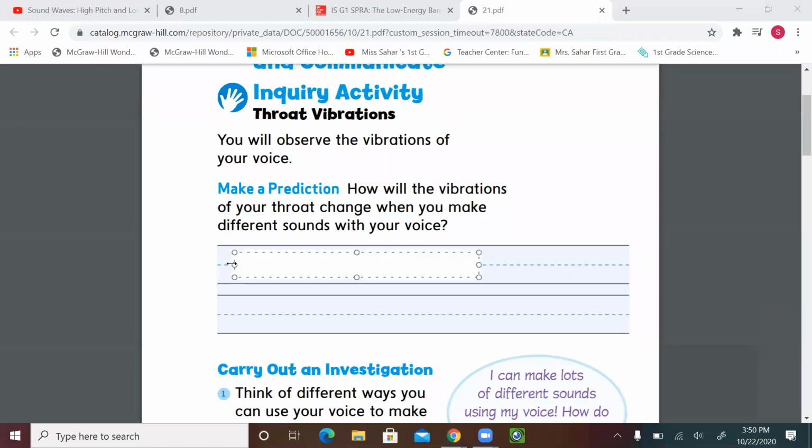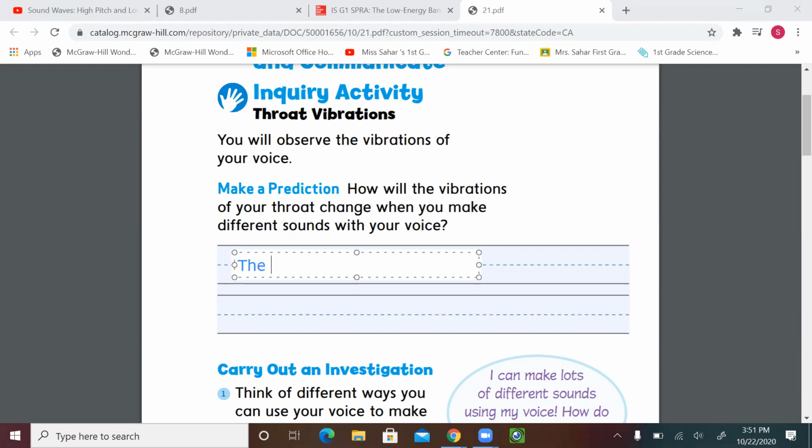And please try to do this experiment. All you need to do is put your hands on your throat and talk and make different voices. For example, whisper or talk slowly, or then shout or make a loud noise. And then feel the vibrations of your throat.